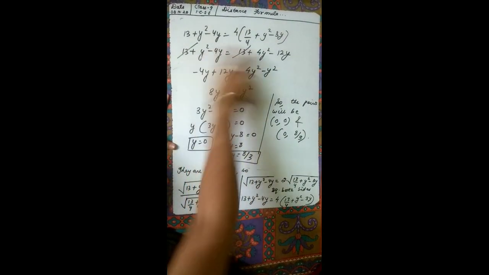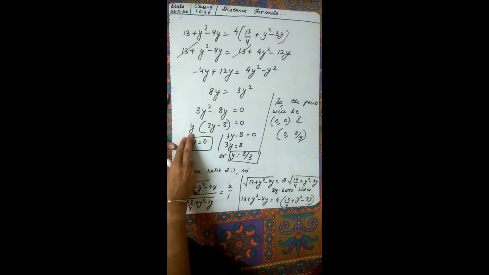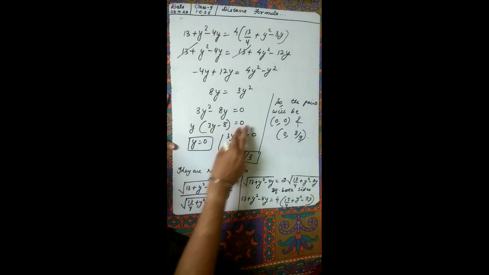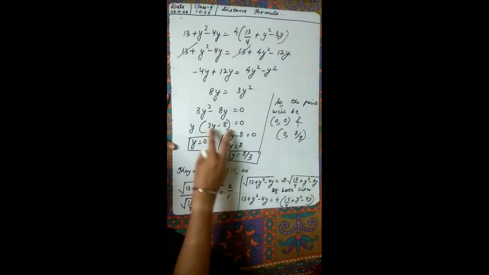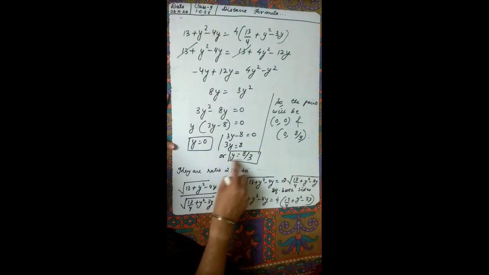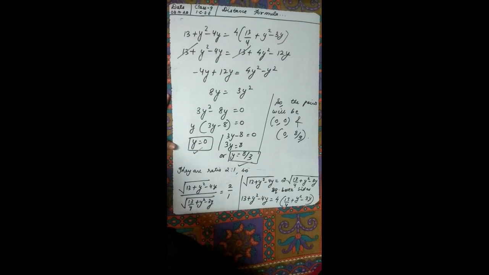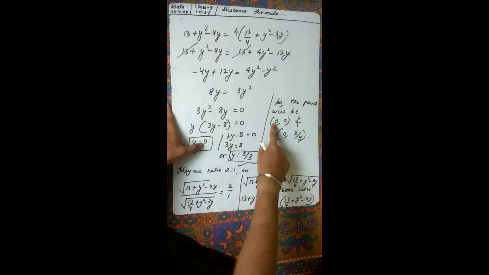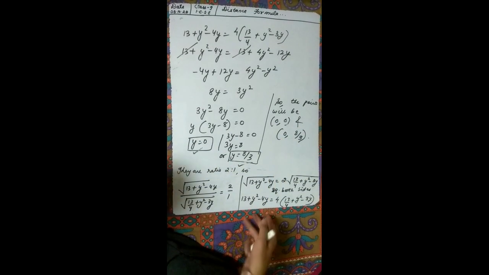Now take 8y here. So 3y square minus 8y equal to 0. Take y common. So y times (3y minus 8) equal to 0. So one y will be equal to 0 and another 3y minus 8 equal to 0. From there you will get y equal to 8 upon 3. So you got two values of y, and we have taken coordinate (0, y). So (0, 0) will be one coordinate, and (0, 8/3) will be the other coordinate.